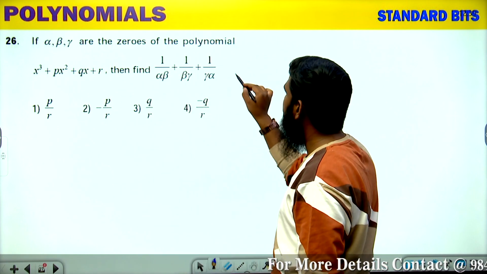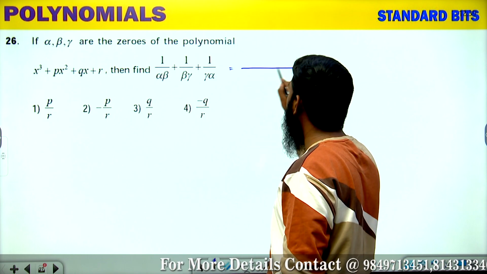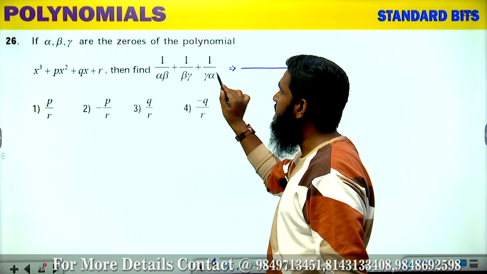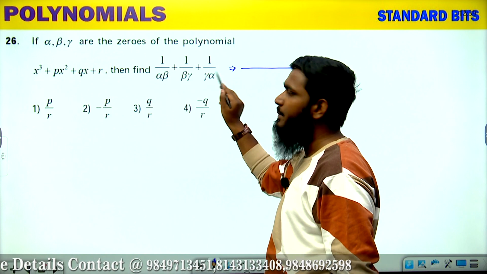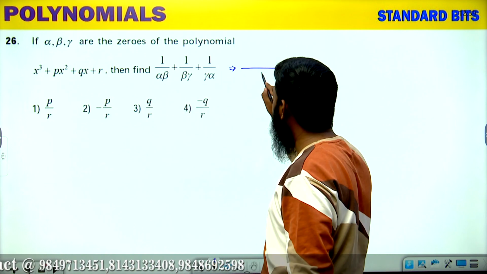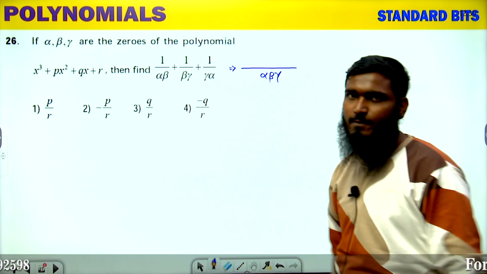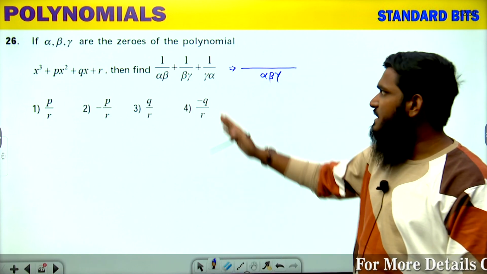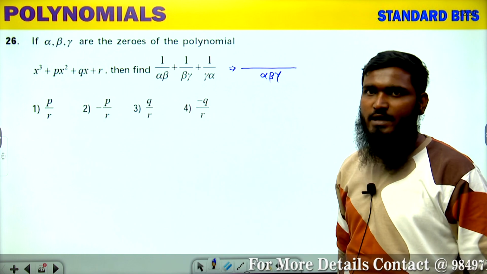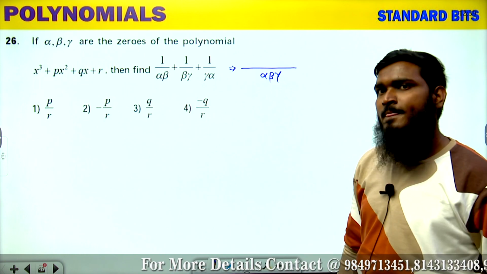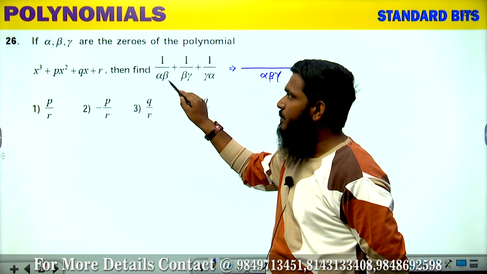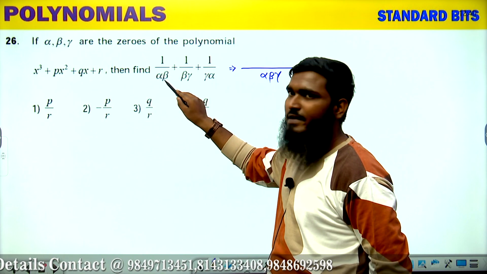Now listen carefully. If you want to find out this value, you take out the LCM of alpha beta, beta gamma, gamma alpha. The LCM will be alpha beta gamma. Now see this one. If you are going with this denominator, what do we have? Alpha beta.